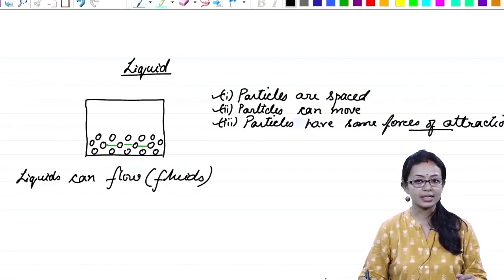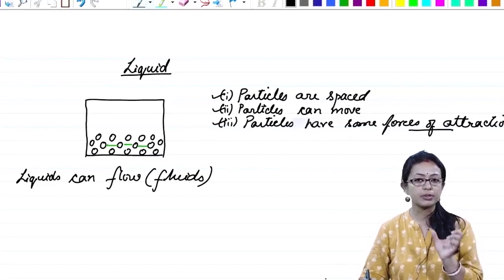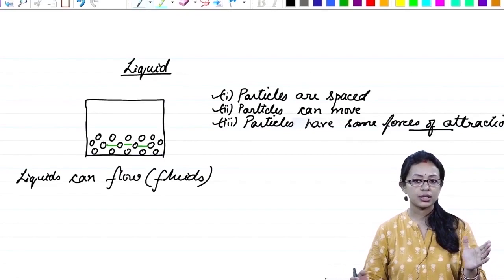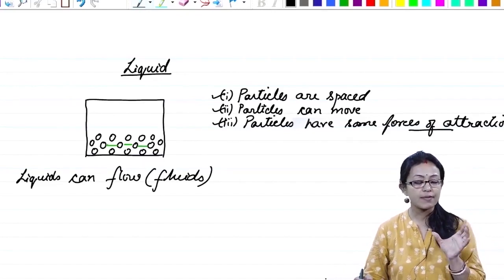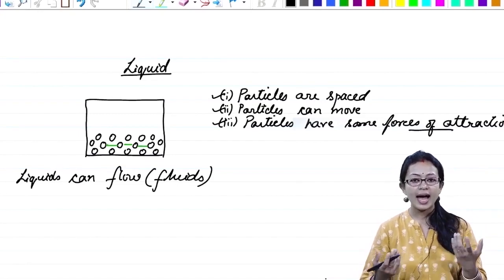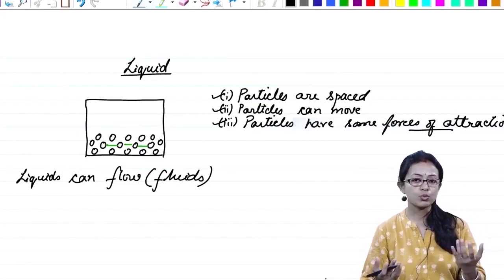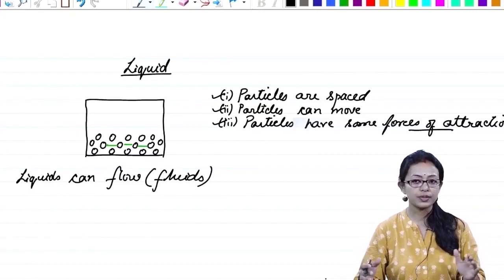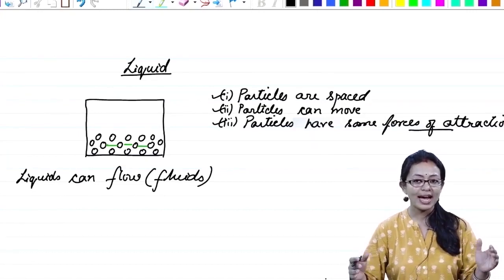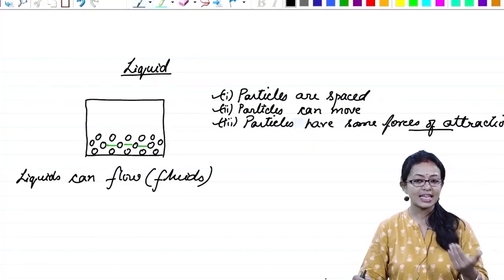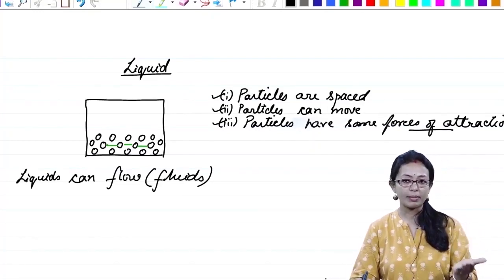The reason is that the space available between the particles is not so large. They also have forces of attraction holding the particles together. At the same time, they are also moving. So we find that till a certain extent the particles would move, the water would flow, and then it will stop flowing further. So this indicates that liquids can flow from one place to another.